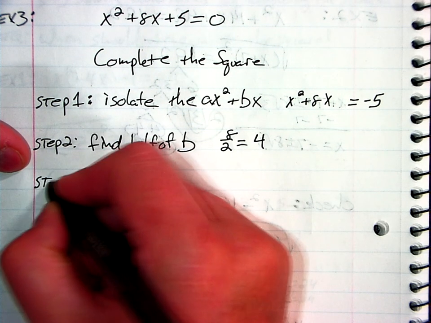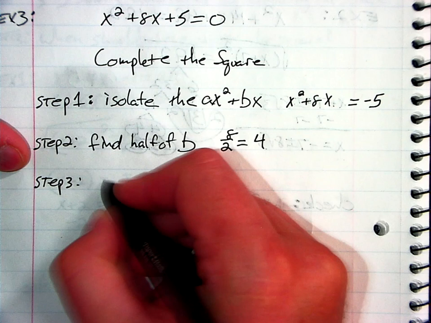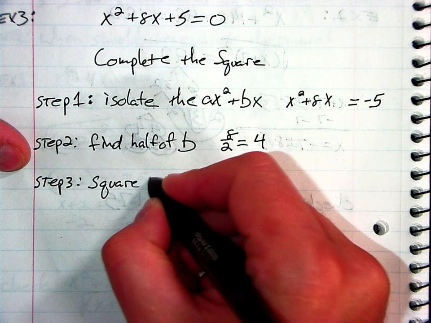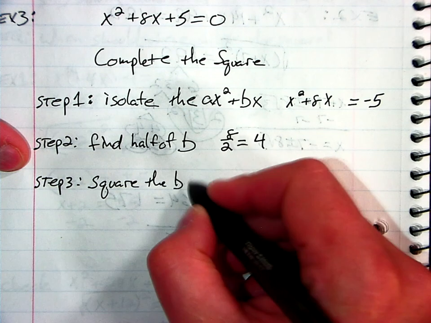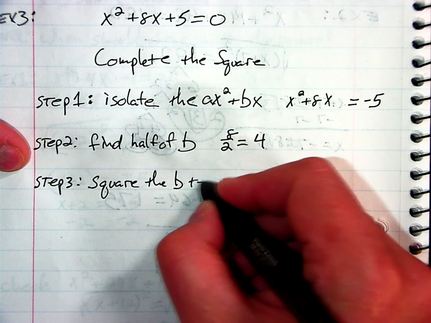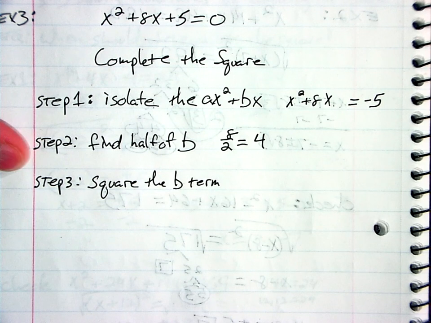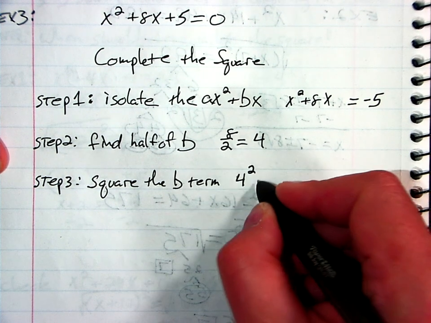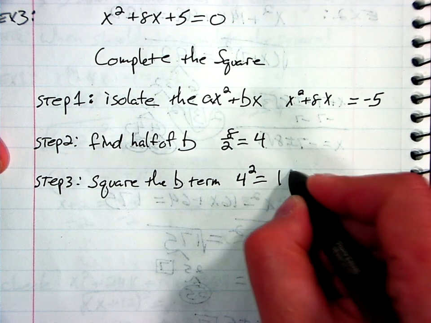Step 3, square the b term. So that would be 4 squared, which is, here we go.